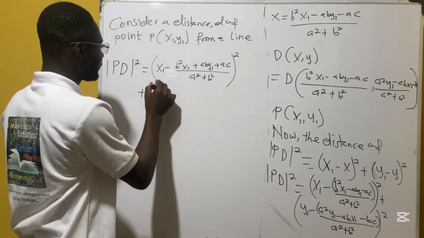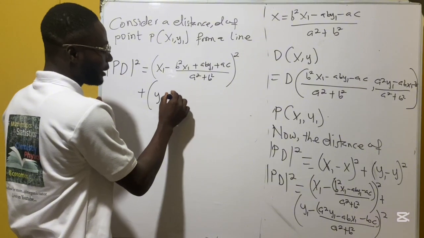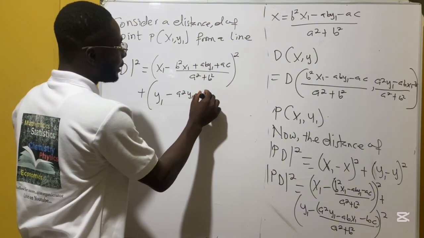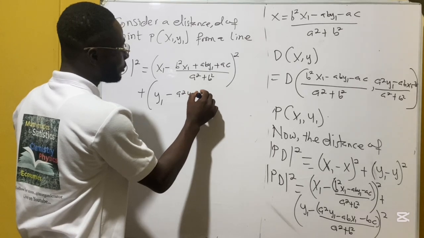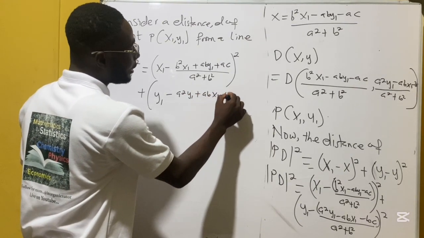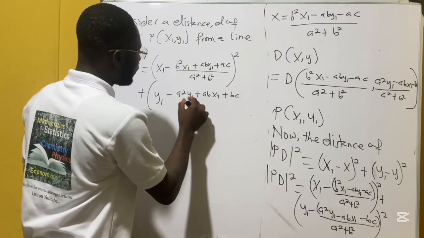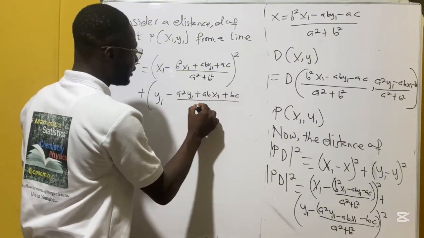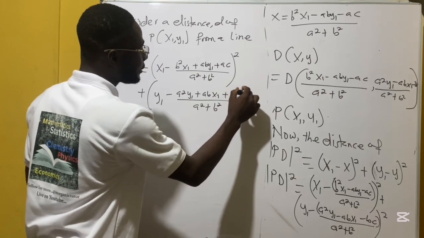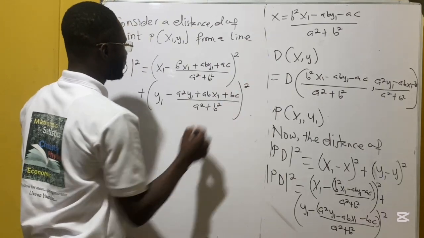Plus y1 minus a squared y1, so it's going to be plus abx1 plus bc, all over a squared plus b squared, and this is all squared.